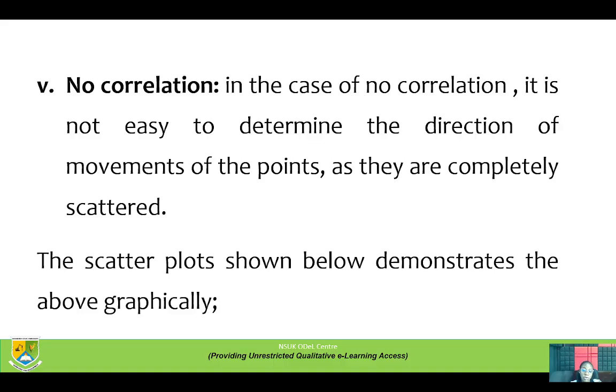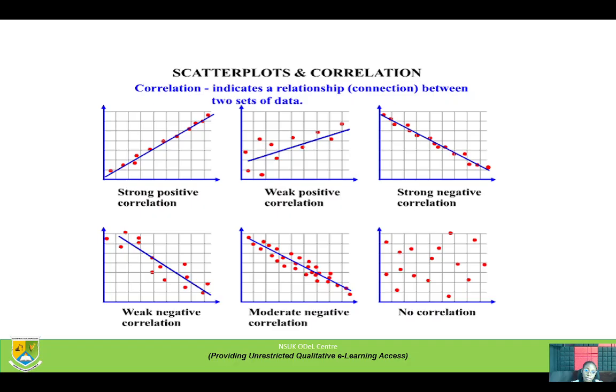The scatter plots shown below graphically represent all that we've been discussing. As you can see, plot 1 represents a strong positive correlation.